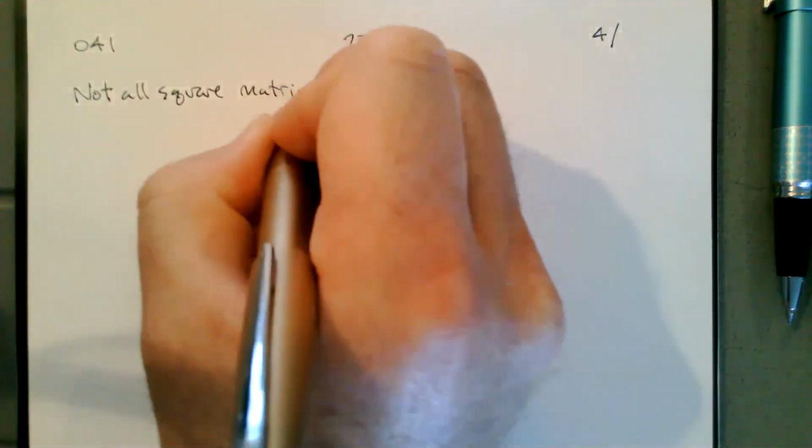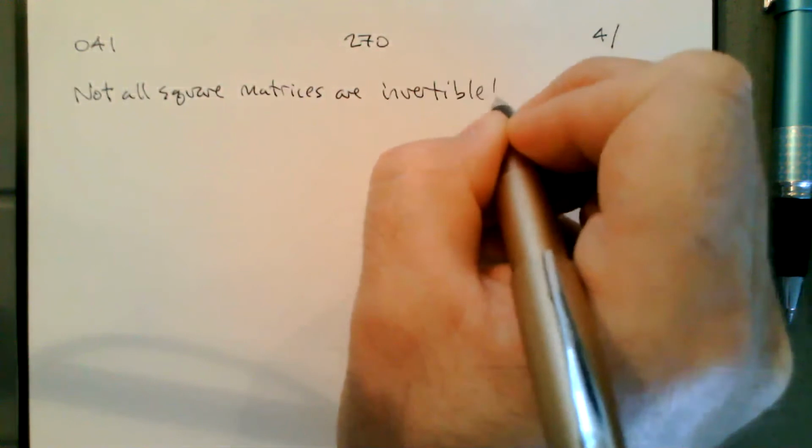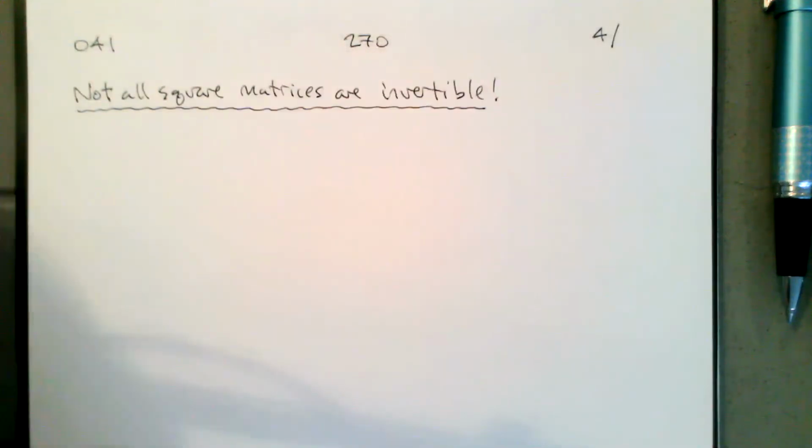So the important thing to note is that not all square matrices have an inverse. Not all square matrices are invertible.